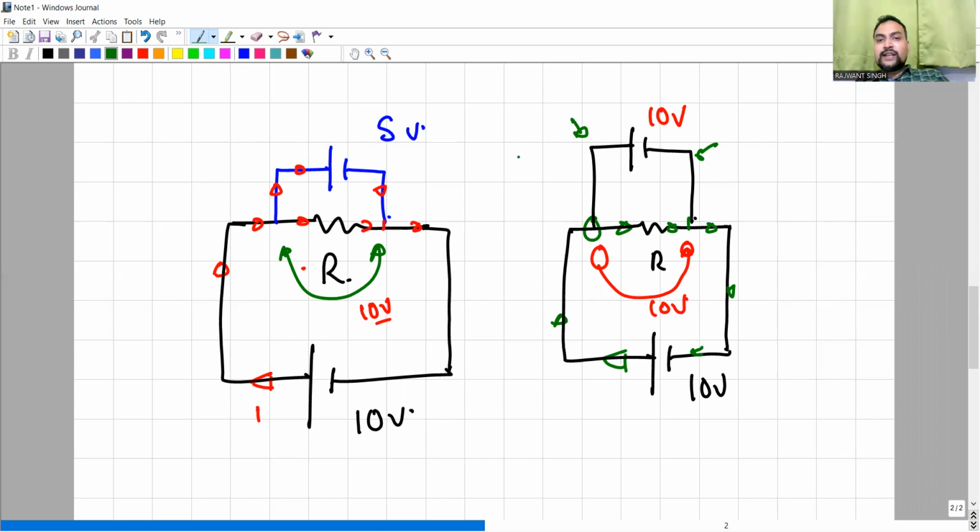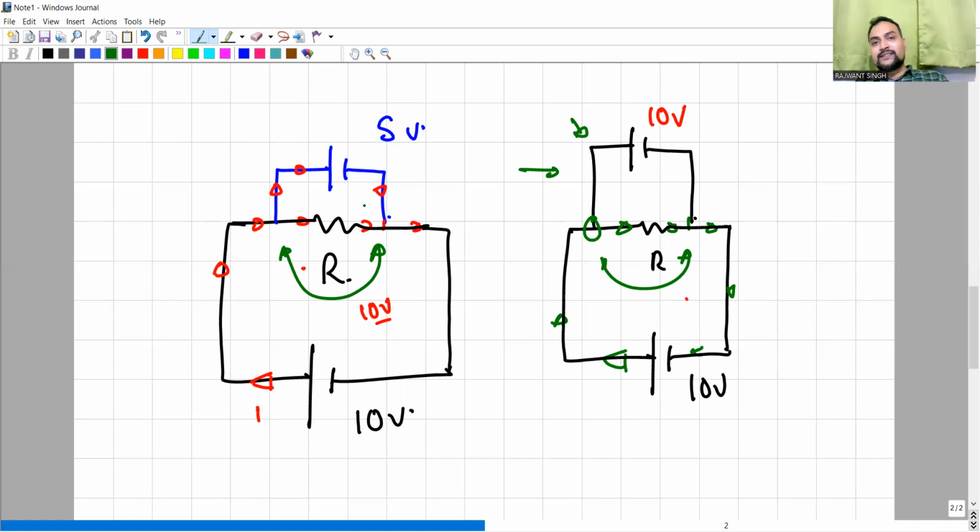And if it is not so, let's say in the second case where this cell has a 10 volt potential and the potential drop across the resistor is also 10 volt, in that case no current is going to flow. So that is the second concept you need to understand. If you have a doubt, please go back to the video and see the same thing again.